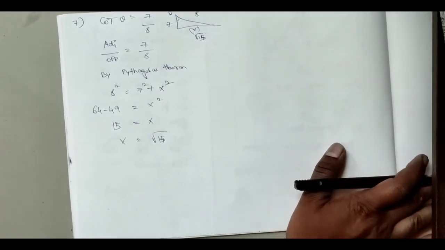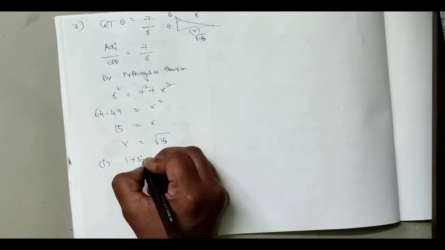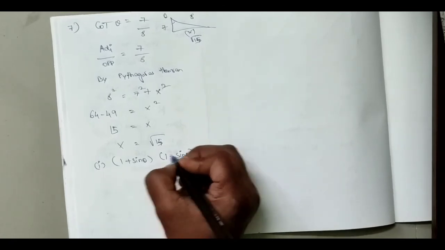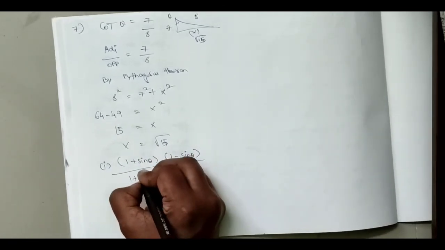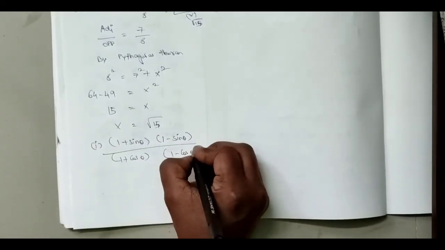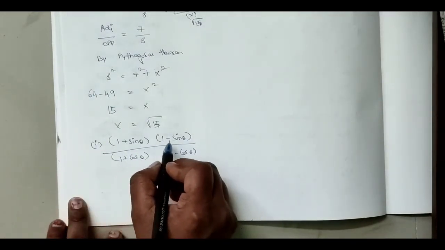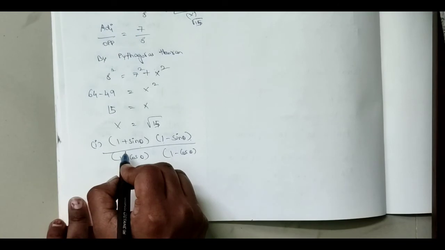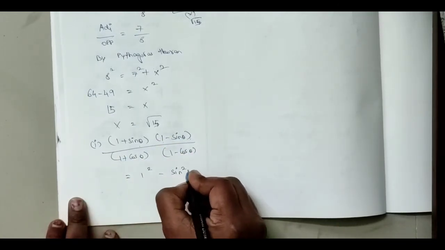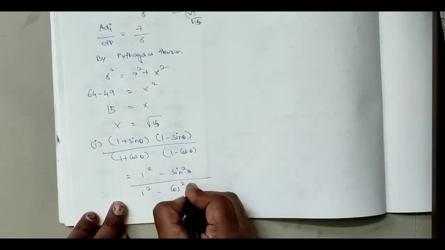Now what they have asked is to evaluate (1 plus sine theta) into (1 minus sine theta), the whole divided by (1 plus cos theta) into (1 minus cos theta). (1 plus sine theta) into (1 minus sine theta) is going to be 1 squared minus sine squared theta, and the same for cos, 1 squared minus cos squared theta.